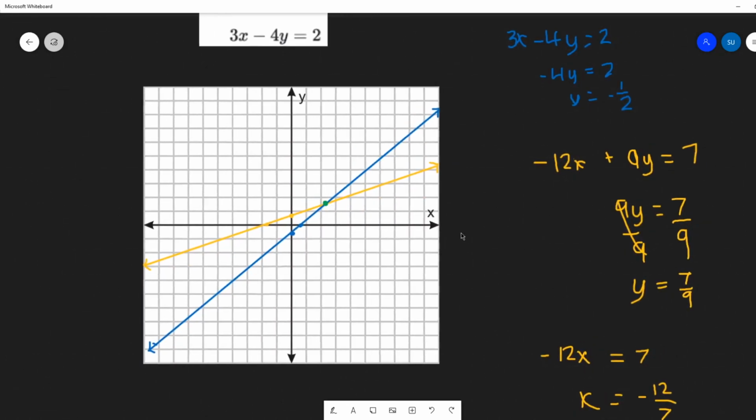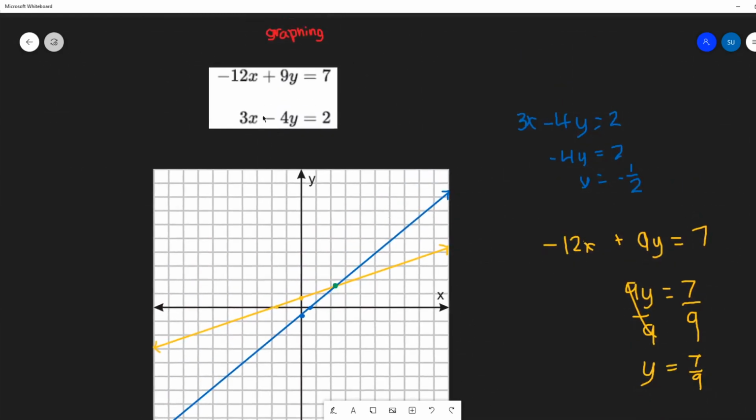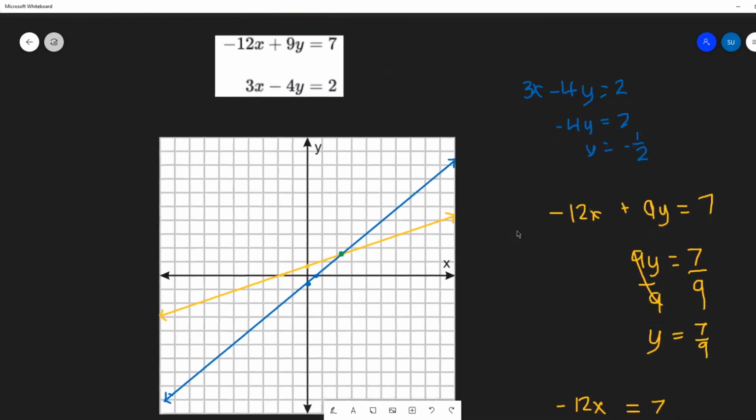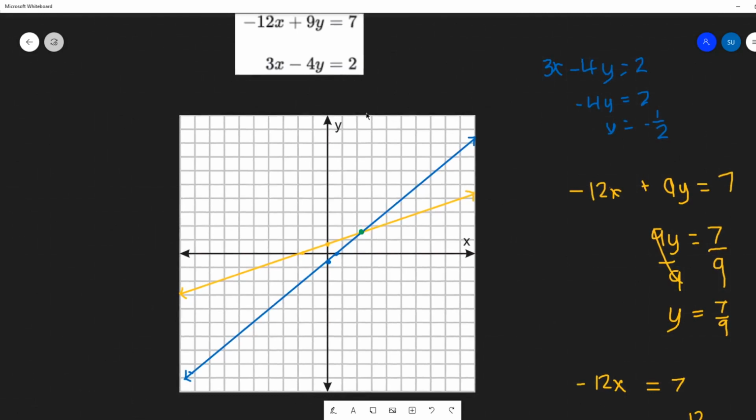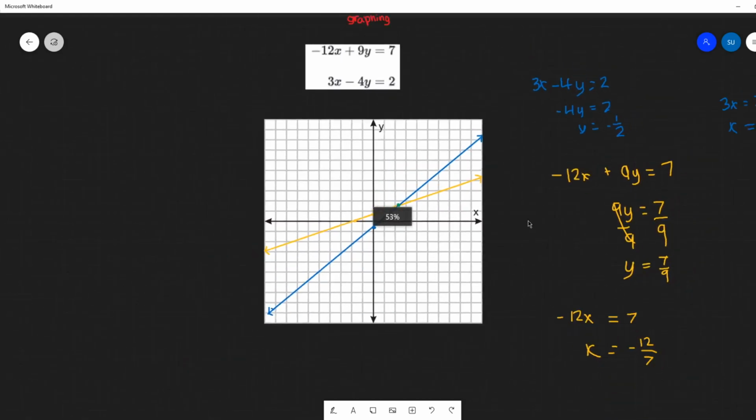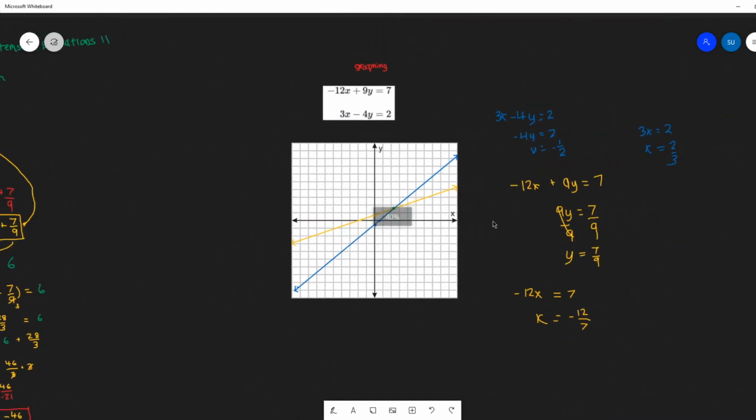Your x value would be the x coordinate of this point, and your y value will be the y coordinate of this point. So essentially that's how you graph a system of equations to find the answer.